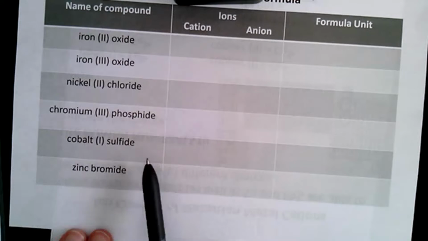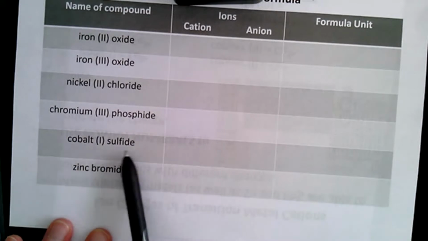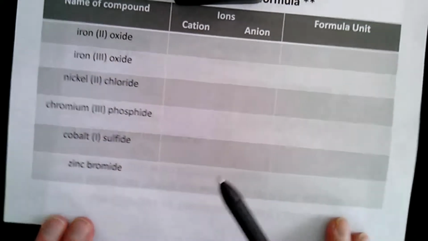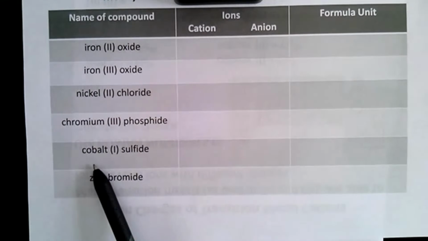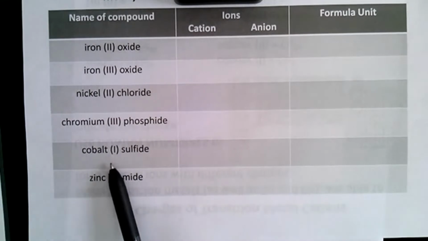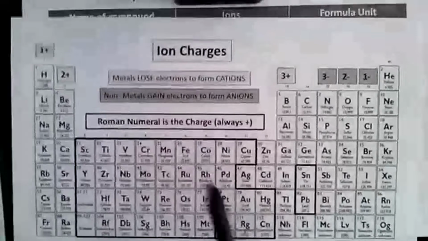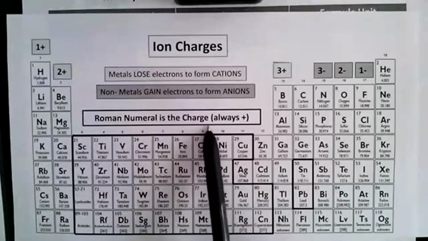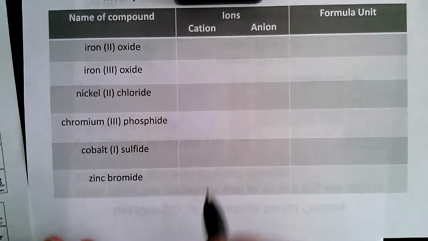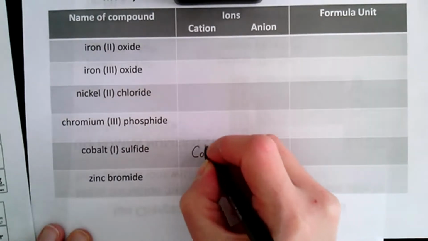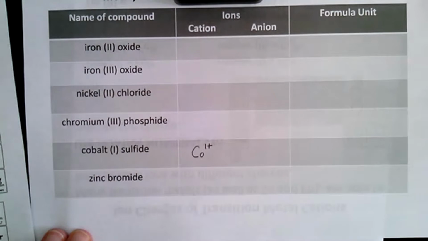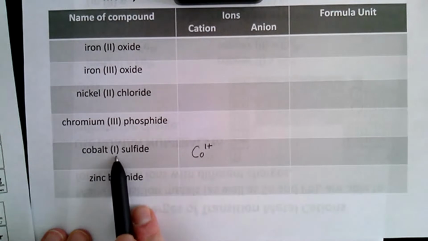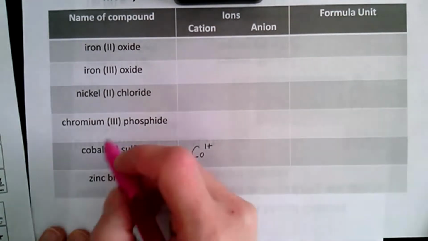So let's look at something like cobalt(I) sulfide. Cobalt, you see the Roman numeral. It's there because cobalt does not have a charge on its column. The 1 means what we have is Co1+. We have cobalt with a 1+ charge. That Roman numeral told me that.